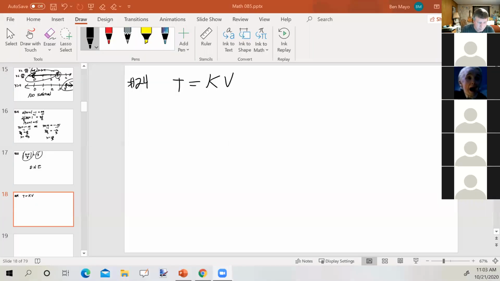So T equals K V. If a tax of $1,545 is charged on a single family home assessed at $81,000, okay?